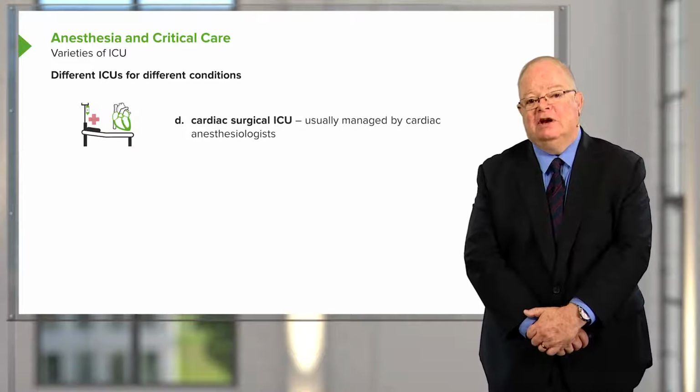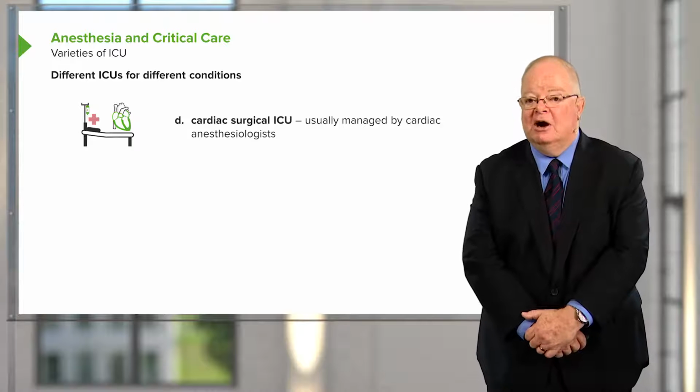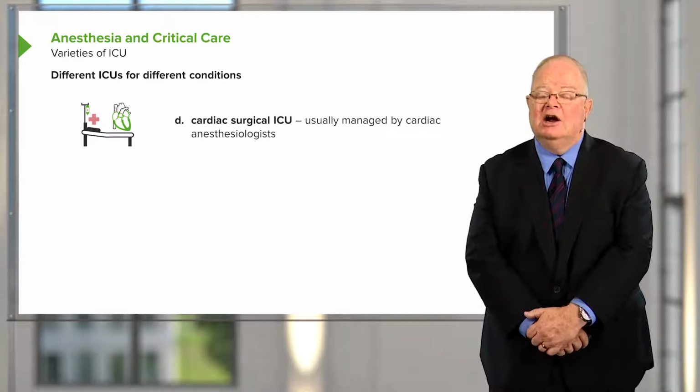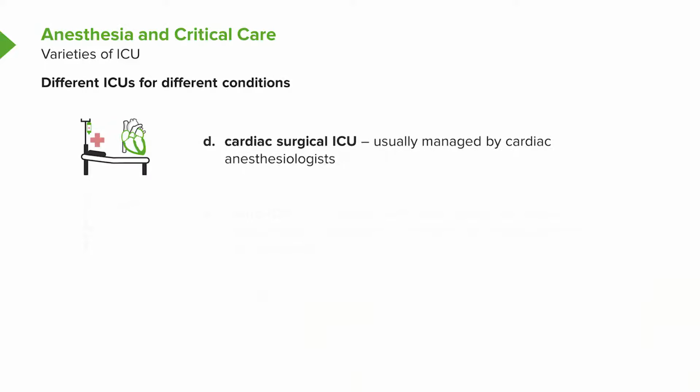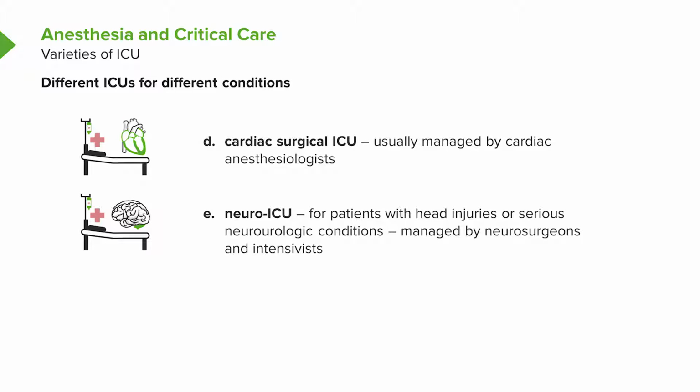There are cardiac surgical ICUs, which usually are managed by cardiac anesthesiologists and care for patients after open heart surgery. There are neurologic intensive care units primarily for patients with head injuries or serious neurologic conditions, which are handled primarily by neurosurgeons and intensivists, or neurosurgeons and neurologists.